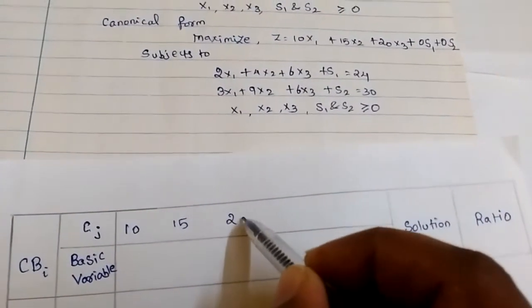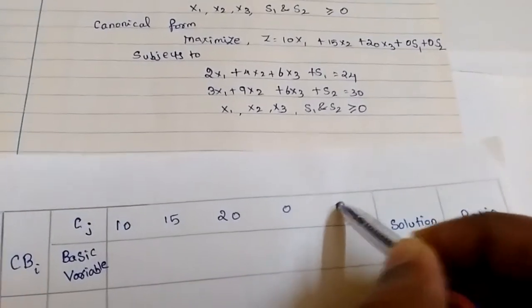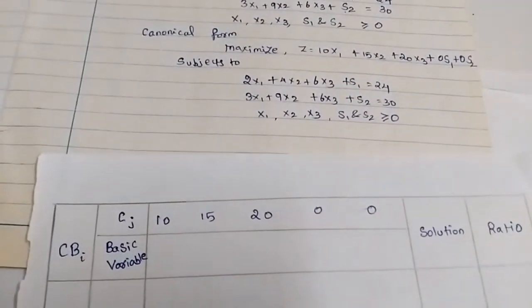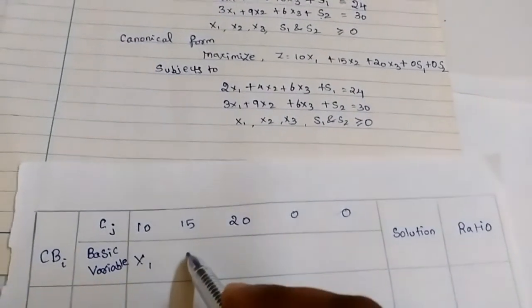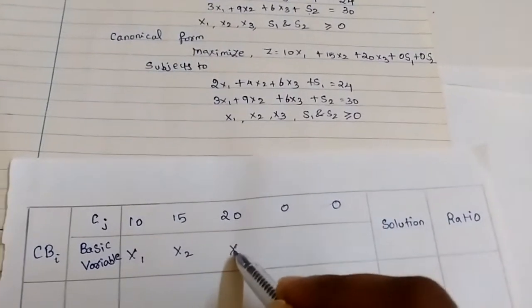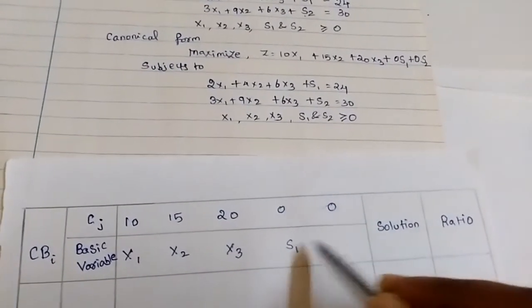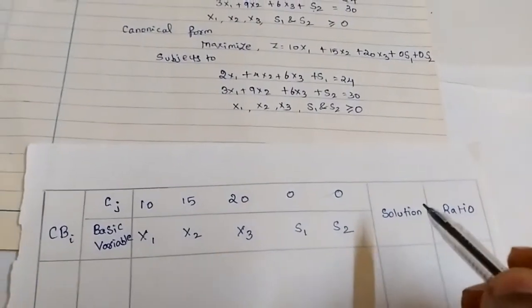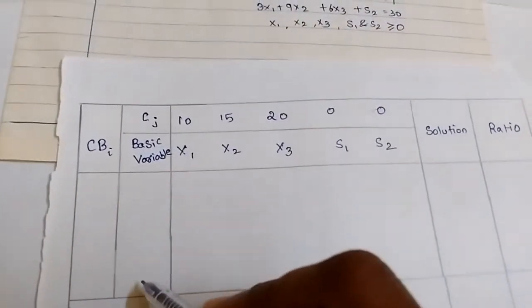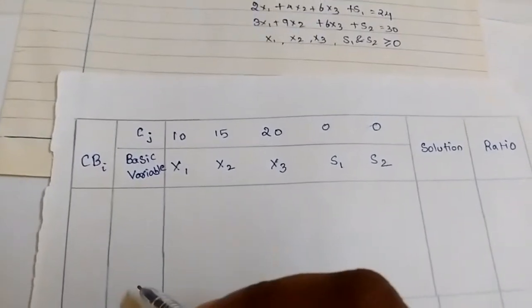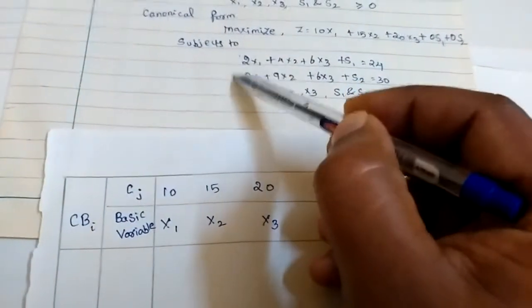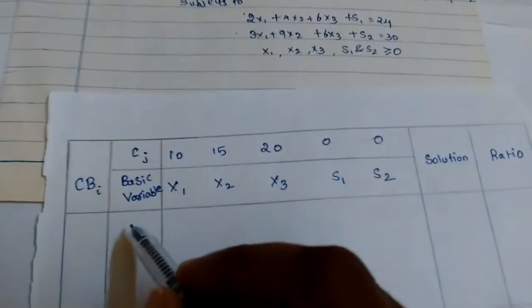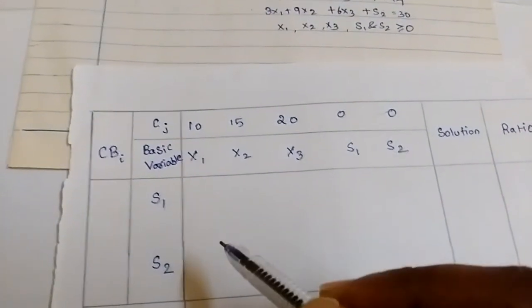The basic variables are x1, x2, x3, s1, s2. Here only 2 rows will come, because we have only 2 constraints.